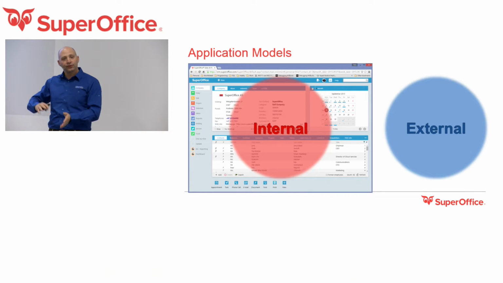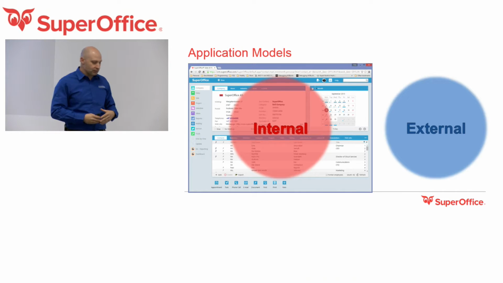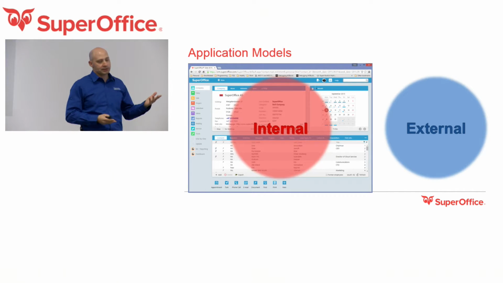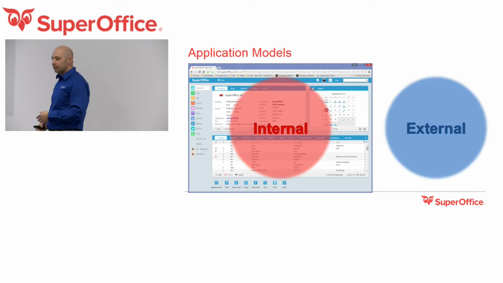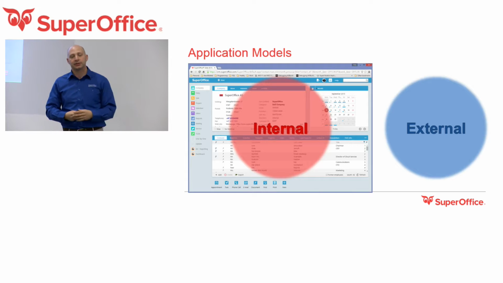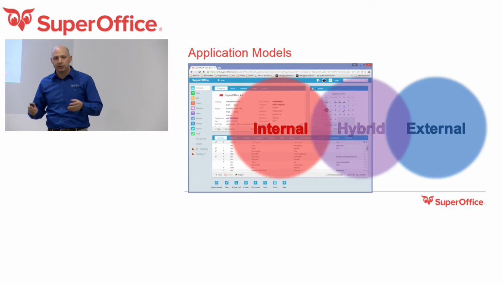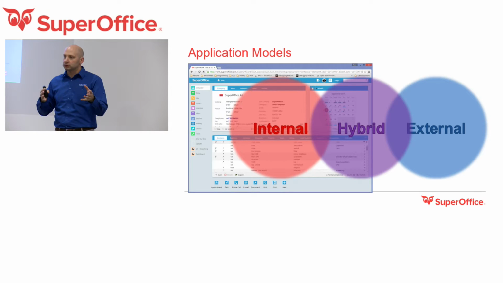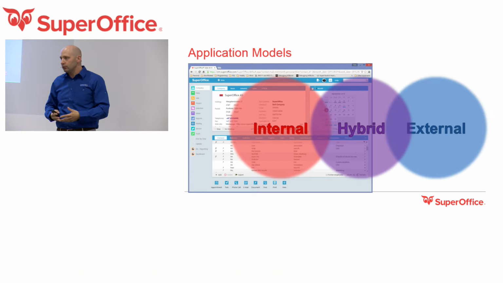The other one, of course, is external. This is the one where we've got some really good examples of external applications out there, the if-this-then-that sort of applications. Connect My Apps is a really good example. And then there are hybrids, applications that you install, configure on the partner's website, and then the things appear, whether or not they're visual or interactive is dependent on you.